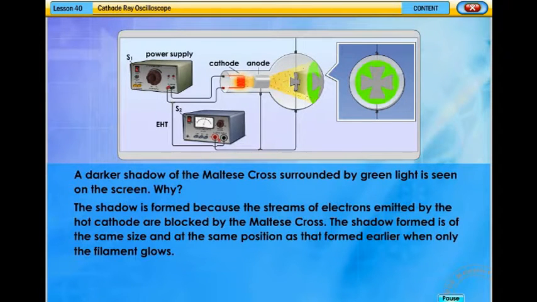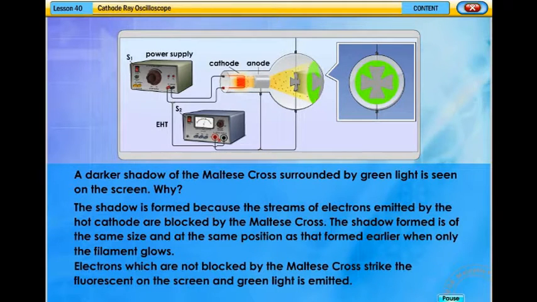The shadow is formed because the streams emitted by the hot cathode are blocked by the Maltese cross. The shadow formed is of the same size and at the same position as that formed earlier when only the filament glows. Electrons which are not blocked by the Maltese cross strike the fluorescent screen and green light is emitted.